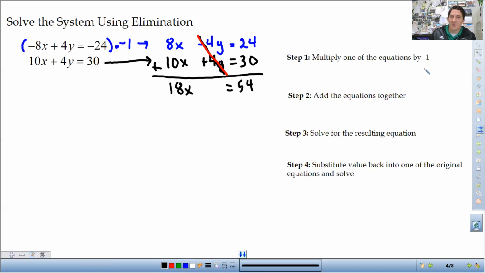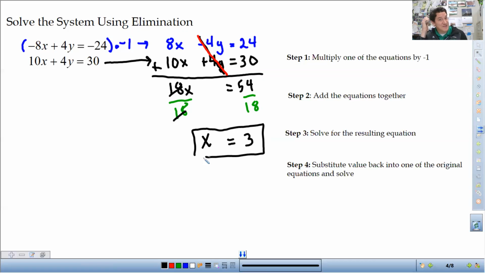Last step, I want to solve for x, so I'm going to divide both sides by 18. 18 divided by 18 cancels out, so x is equal to 54 divided by 18, which is 3. So x is 3.